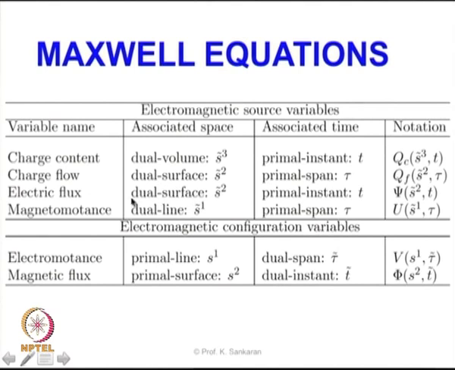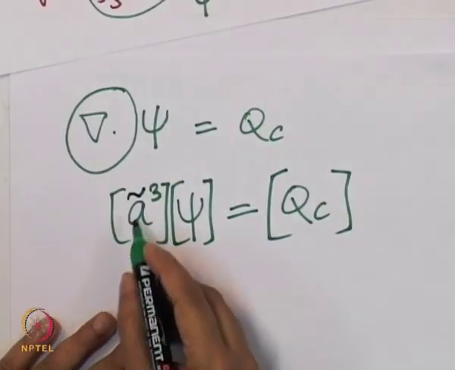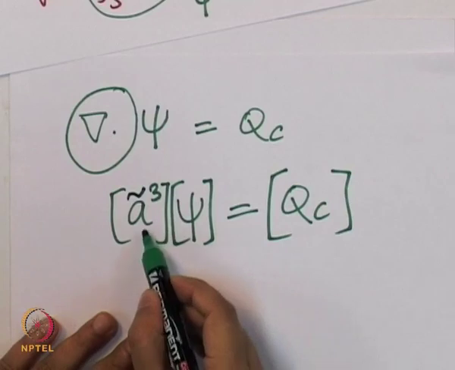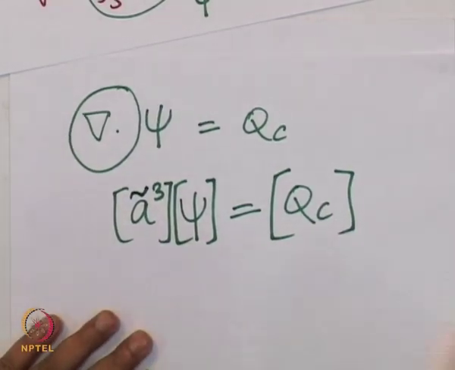Since it is in the dual space, we are going to have a tilde on top, and that is what we are having here. If you look at the slide, this is the dual space, because this is related to the dual space, and they are all related to the dual space.